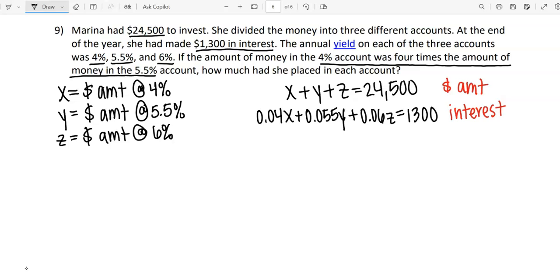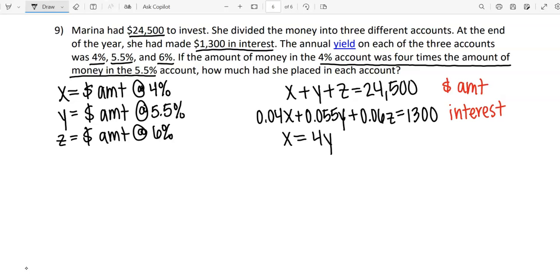Now we just have to write one more equation because we have 3 variables. If you have 3 variables, to be able to solve that, you need 3 equations. The next to last sentence says, oh no, it's the last sentence, the money in the 4% account. What is that represented by? X equals 4 times the amount of money in the 5.5% account. What is that going to look like? 4Y.